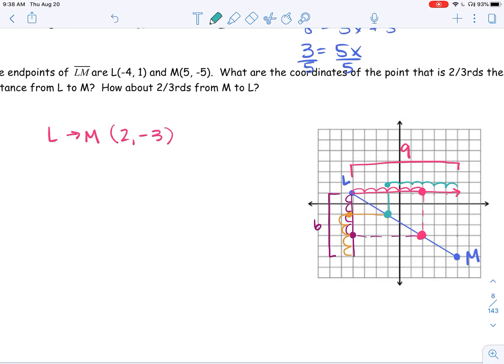And those two would cross at -1, -1. This will take some practice. M to L will be -1, -1.